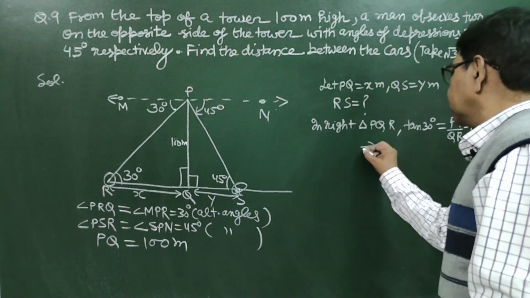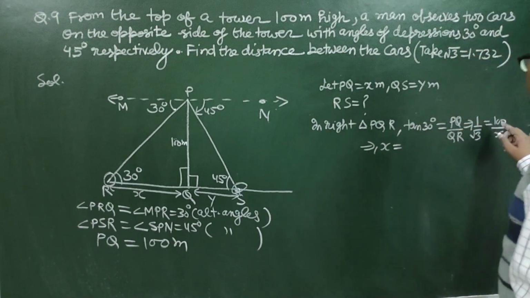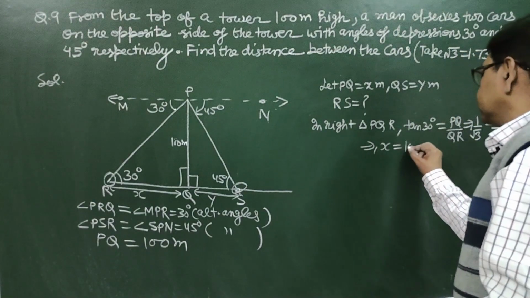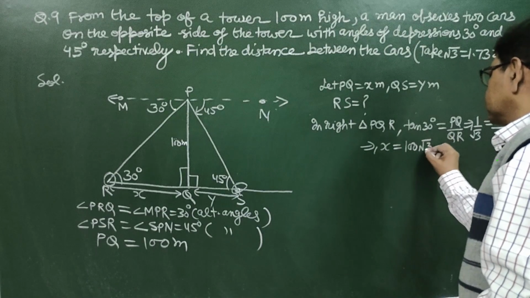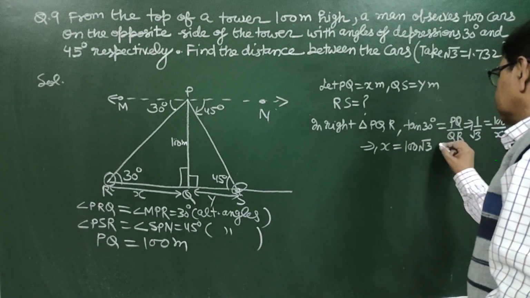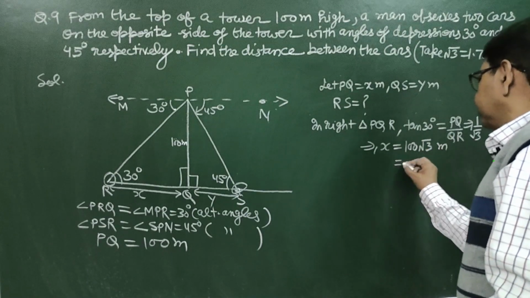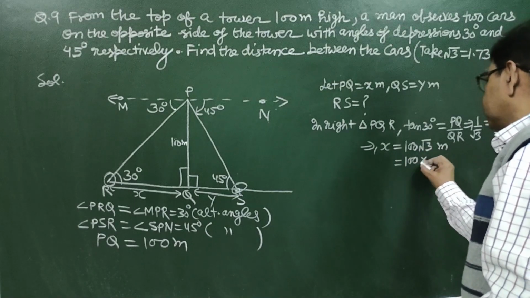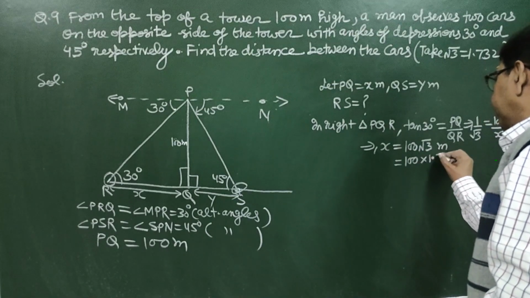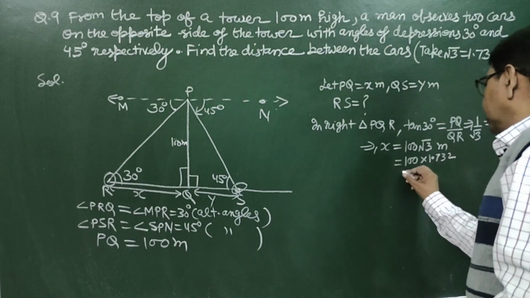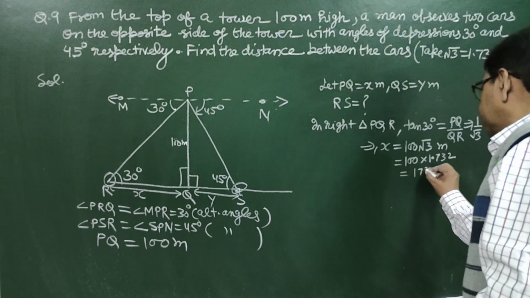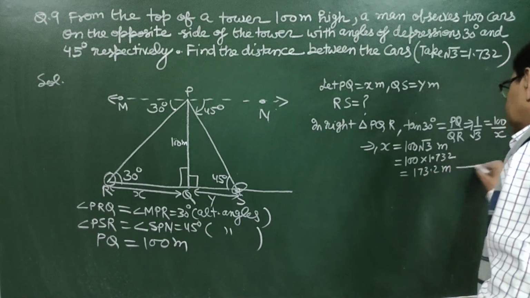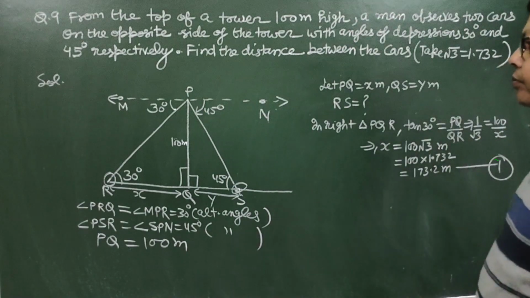So we can say the value of x is equal to 100 root 3. And if you want to be precise, then you can say 100 into 1.732, that is 173.2 meter. This is first.